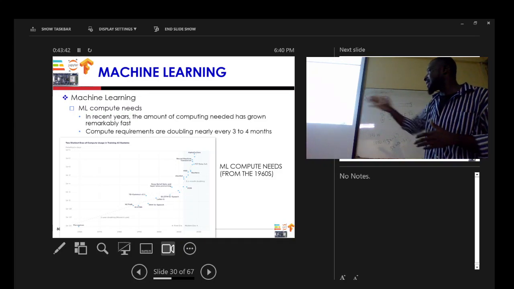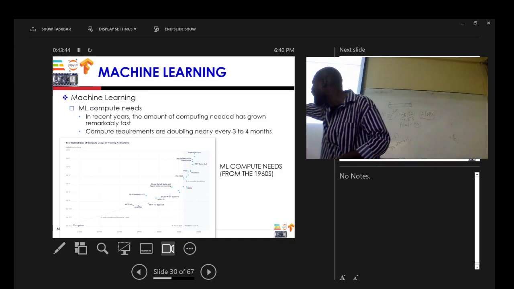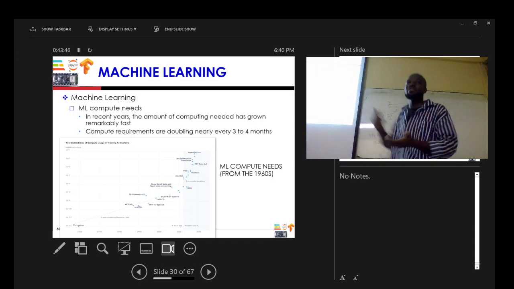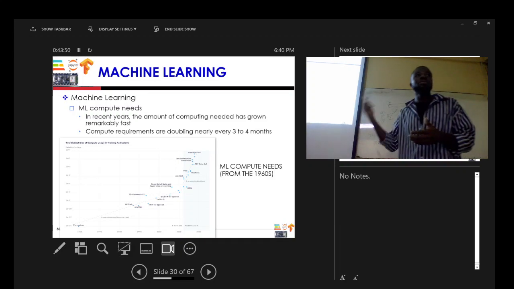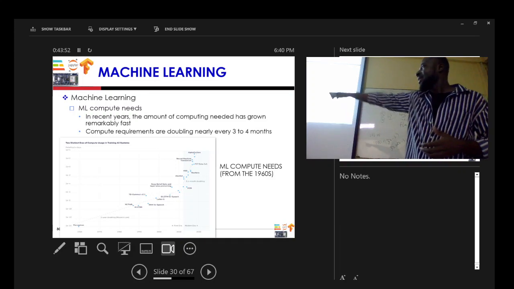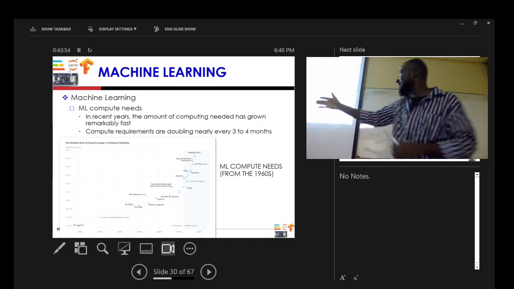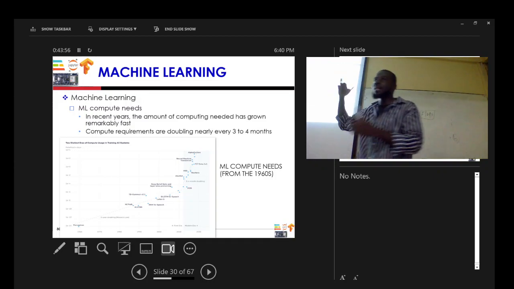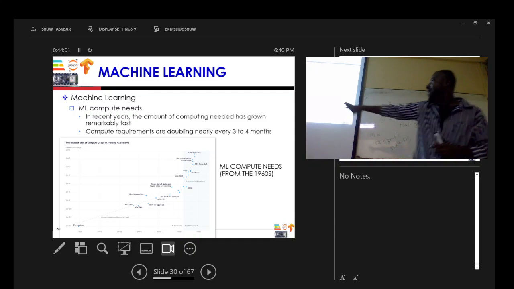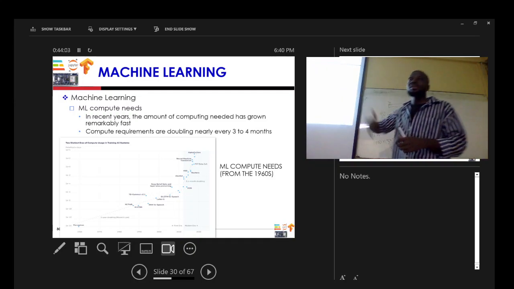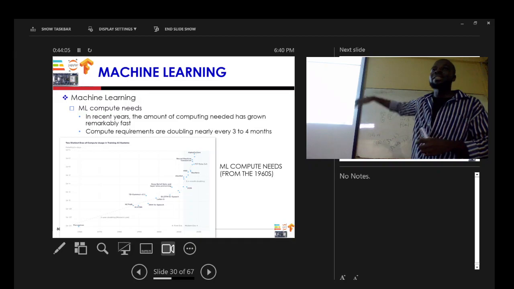And then we see that probably from 1960, the first kind of anything that was doing any form of machine learning started. So from 1960 to about 2020, the number of floating point operations per second for each algorithm that is designed is just increasing. You can see from the graph, it's just increasing, right?